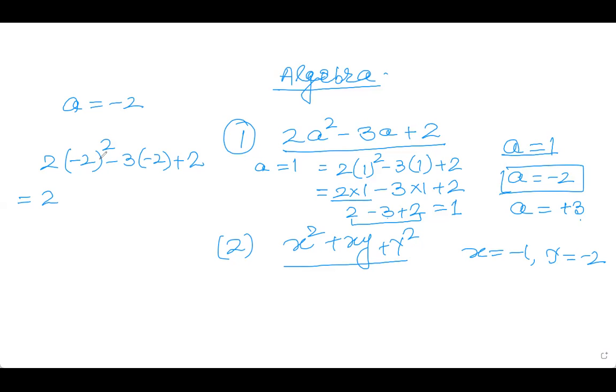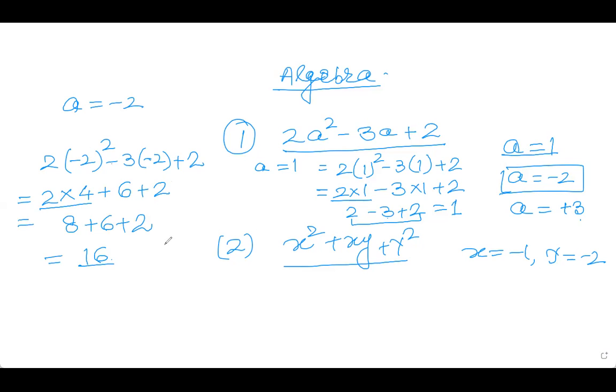So if you square minus 2, you will get plus 4. Is it so? And these two when multiplied together, this will give me plus 6 and plus 2. So your answer is 4 times 2 is 8, plus 6, plus 2. And what is the final answer then? 16 is the final answer.